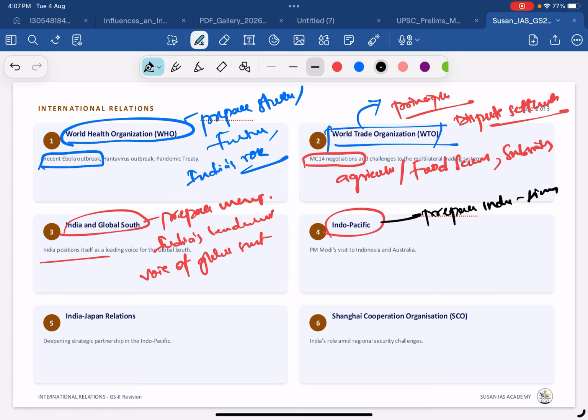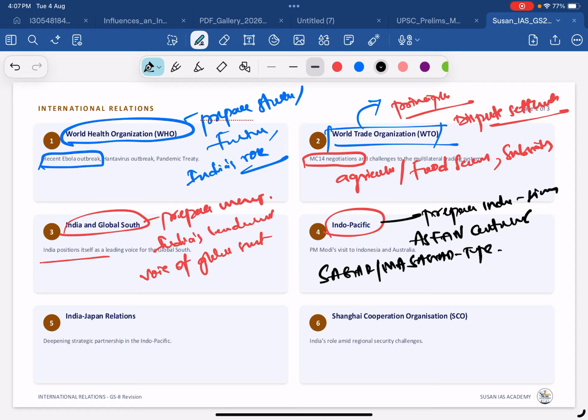That's why: Asian centrality, SAGAR and Mahasagar type maritime approach, the SAGAR initiative, Mahasagar, maritime approach, right? And Quad, China factor, and maritime security can be referred.